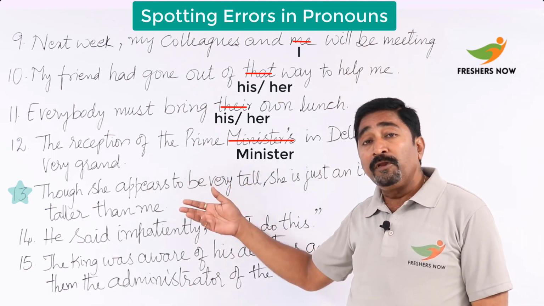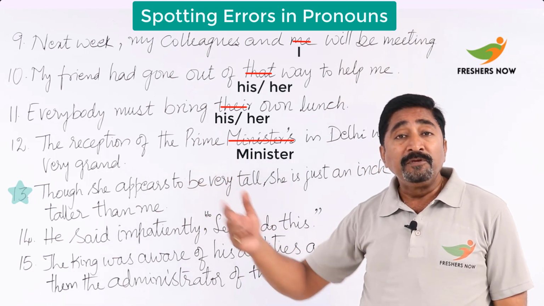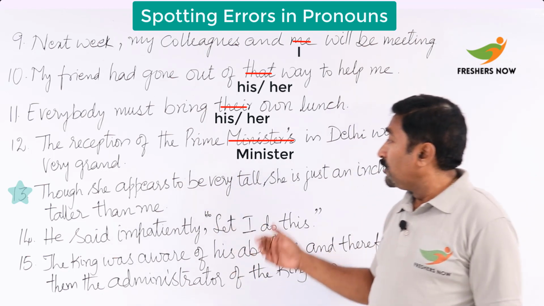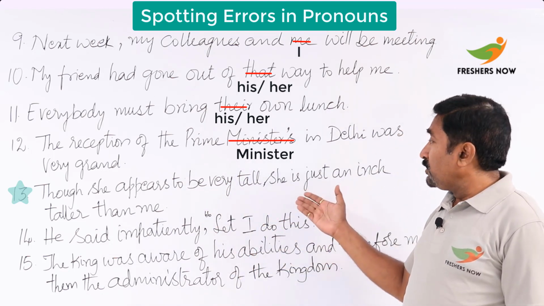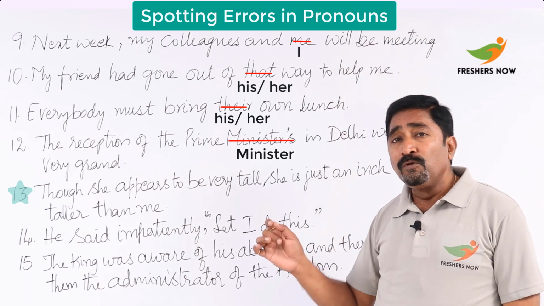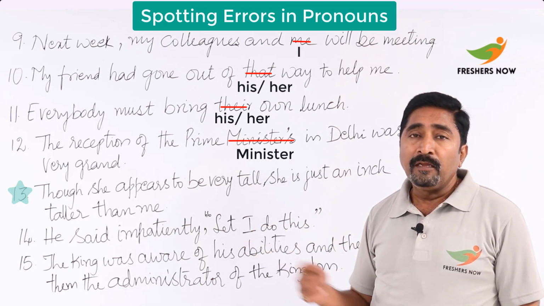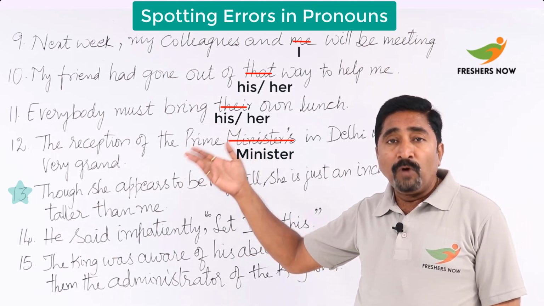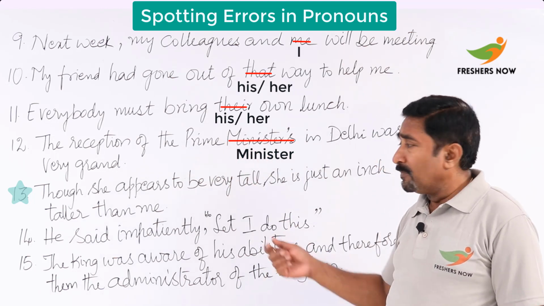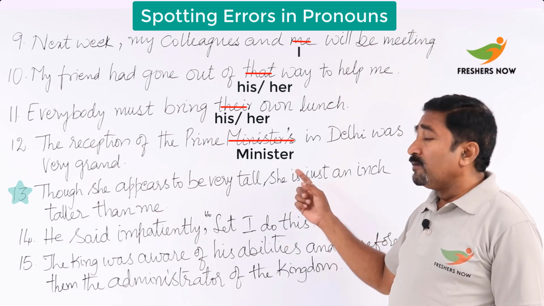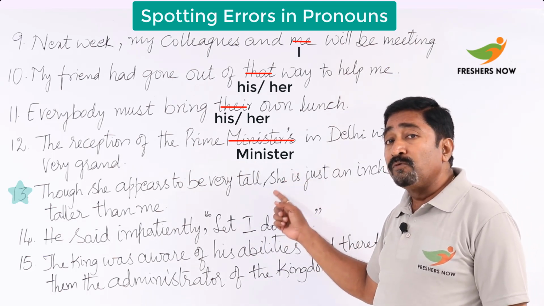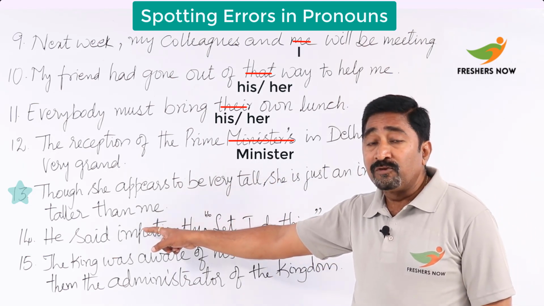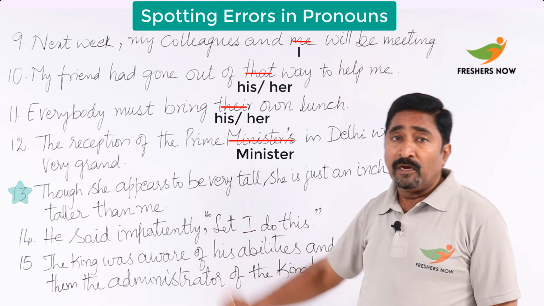Now let's see the other one, because these are very commonly used in the competitive exams. Though she appears to be very tall, she is just an inch taller than me. Here also you can understand it, because we have already done one. Here she is used as a subject pronoun, and the comparison should also be made with the subject pronoun.